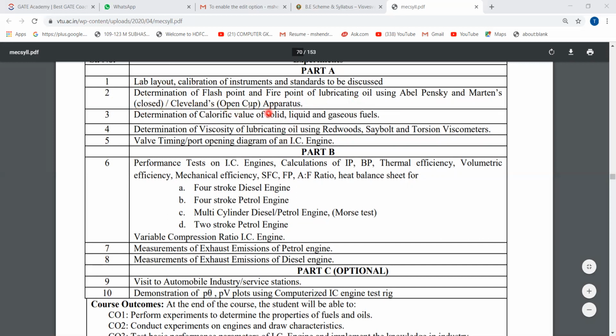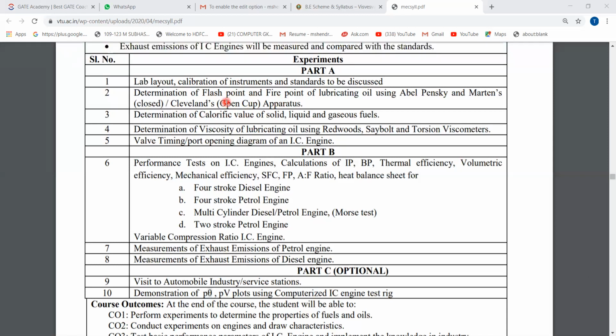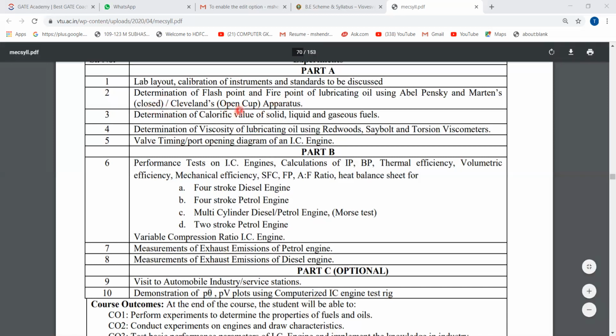Basically in this experiment, we are going to take samples of kerosene, diesel, and other lubricating oils, and calculate the flash point and the fire point of these fuels by using the two apparatus, namely the closed cup apparatus and the open cup apparatus.